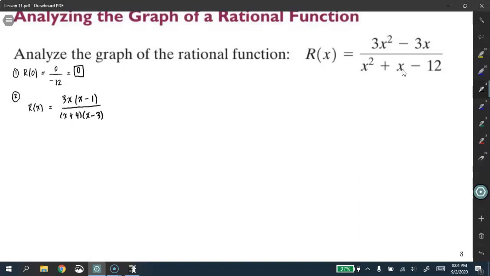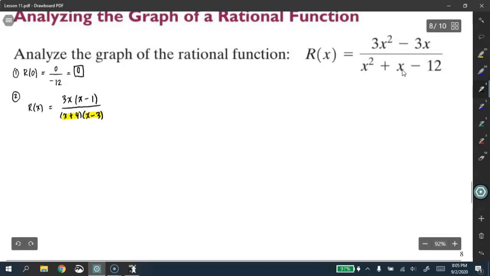So now, to tell the domain, basically what I need to do is look at each piece of the denominator and figure out what is going to cause it to become 0. If I take a look at x plus 4, what would cause x plus 4 to become 0 is negative 4.